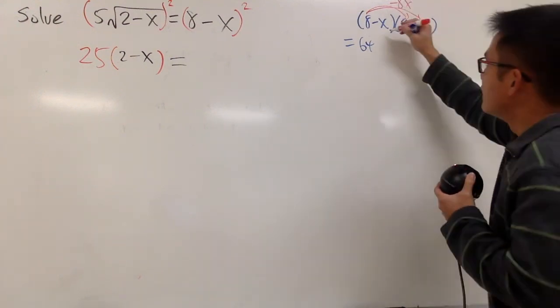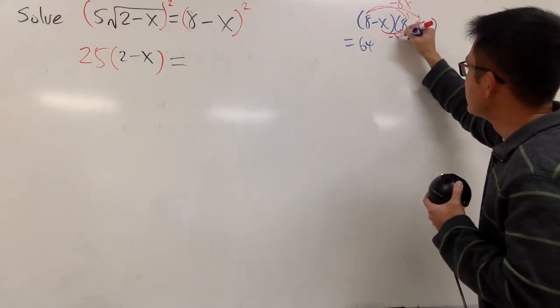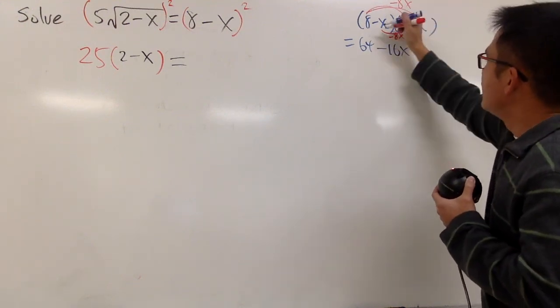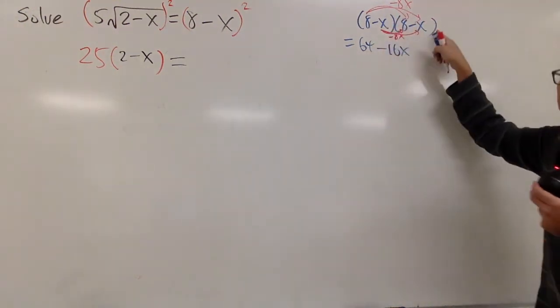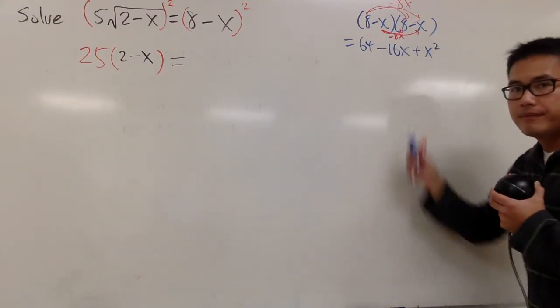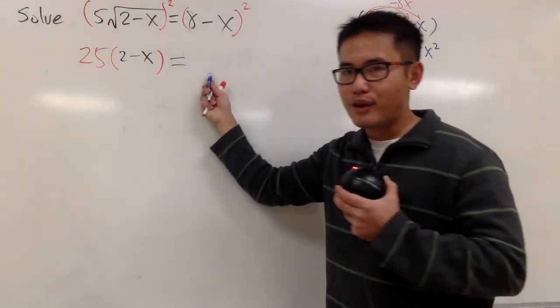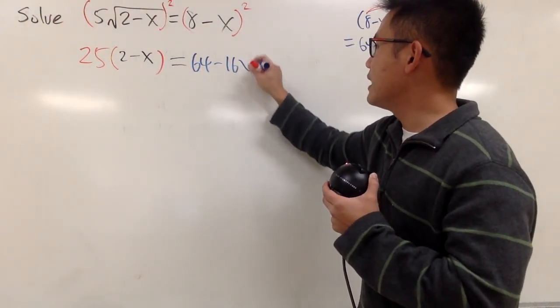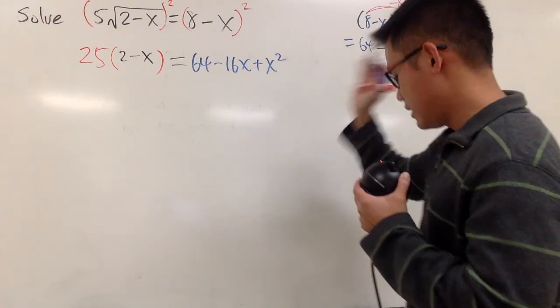And then negative x times 8, this is another negative 8x. So altogether, it's negative 16x. Lastly, negative x times negative x, we get plus x squared. Now, I will bring this down right here. 64 minus 16x plus x squared, like that.